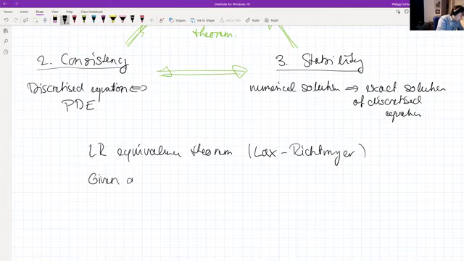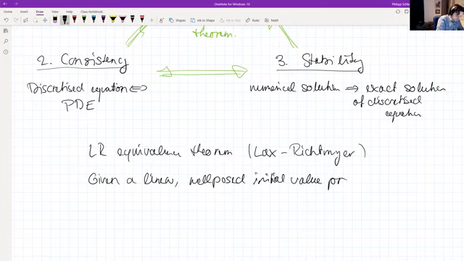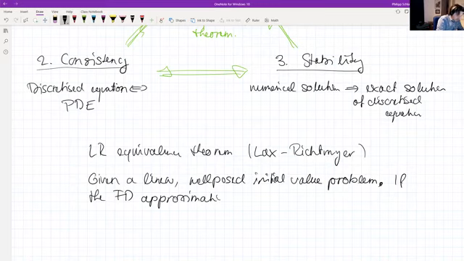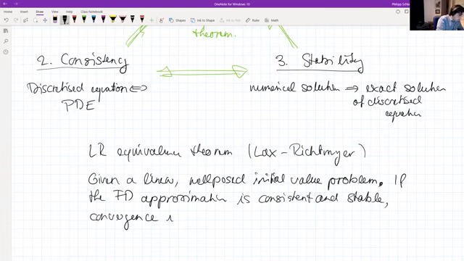Given a linear, well-posed initial value problem, if the finite difference approximation is consistent and stable, convergence is implied.